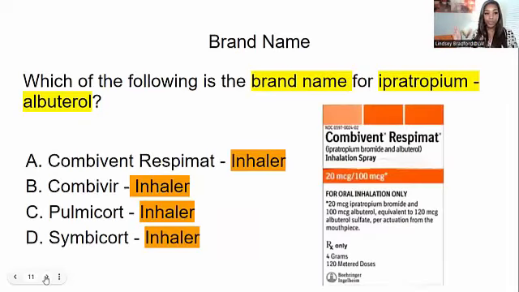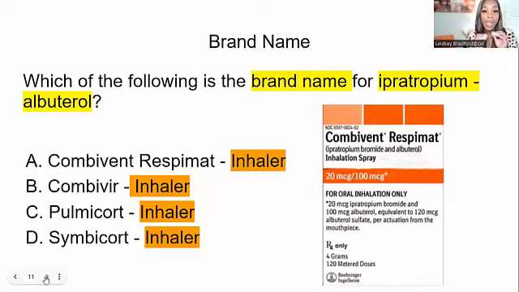Brand name. Which of the following is the brand name for albuterol? Your answer is going to be letter A, okay? All of these that are listed are inhalers. Write that down.